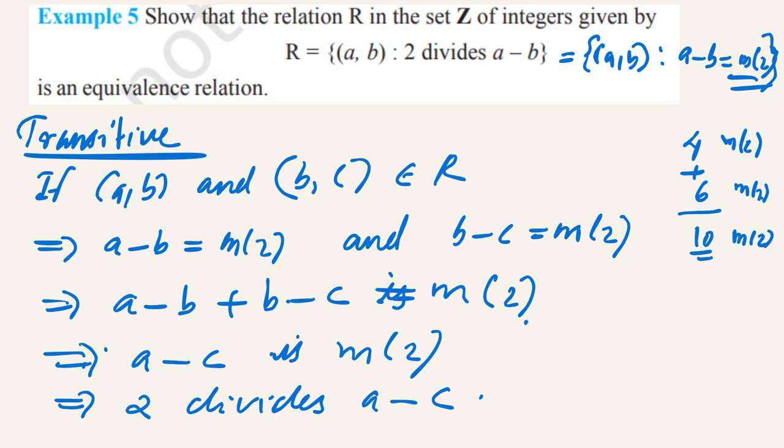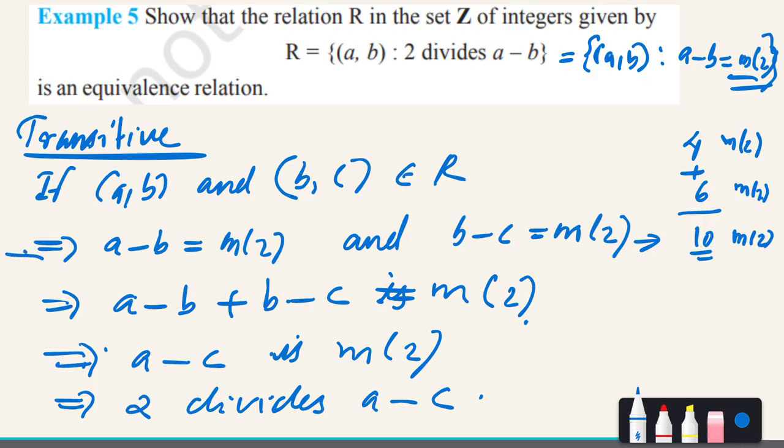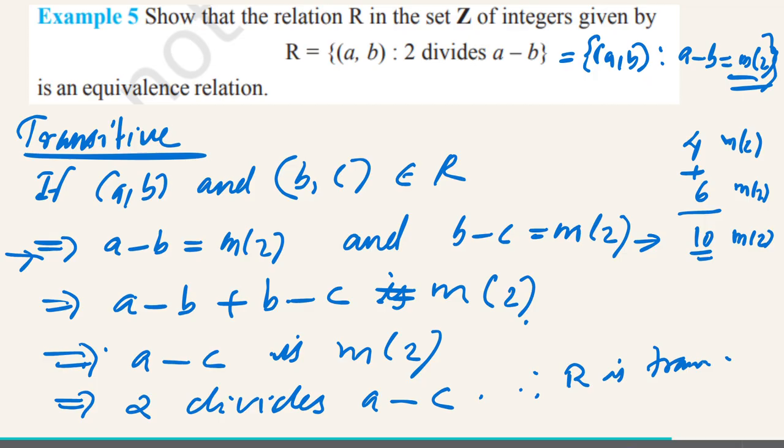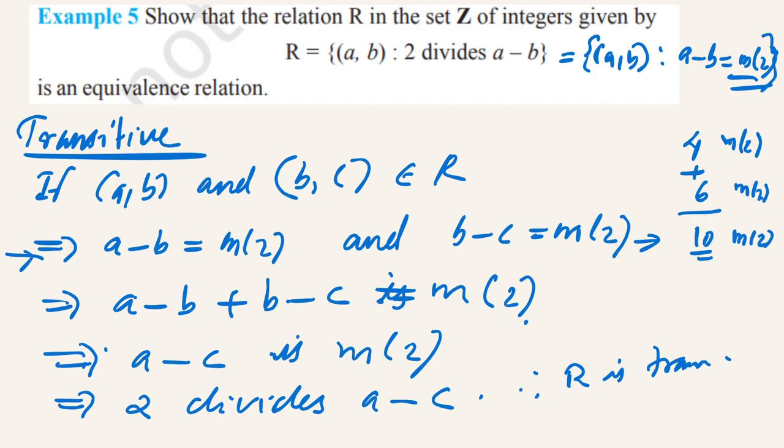So for this purpose, you need to check how we can get the relation between A and C from the previous steps. So here we can say therefore R is transitive. Since this relation is reflexive, symmetric and transitive, therefore it is an equivalence relation.